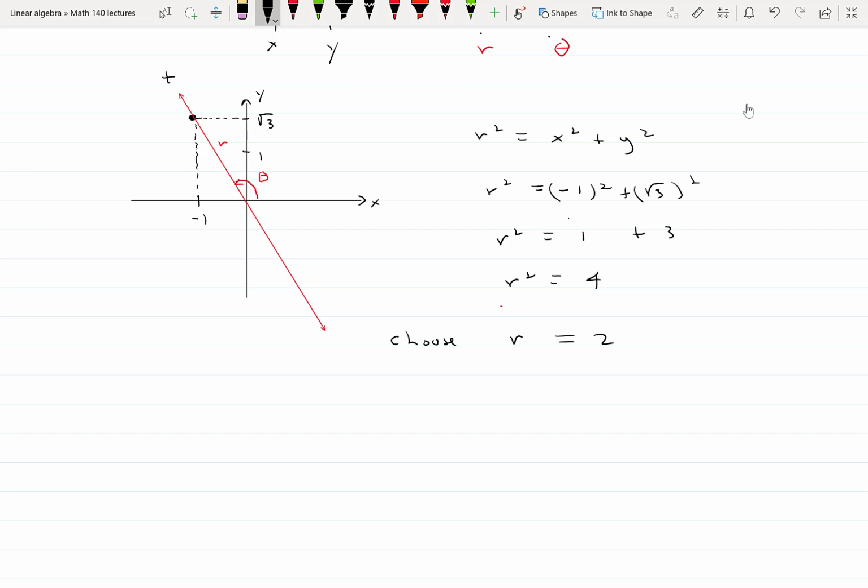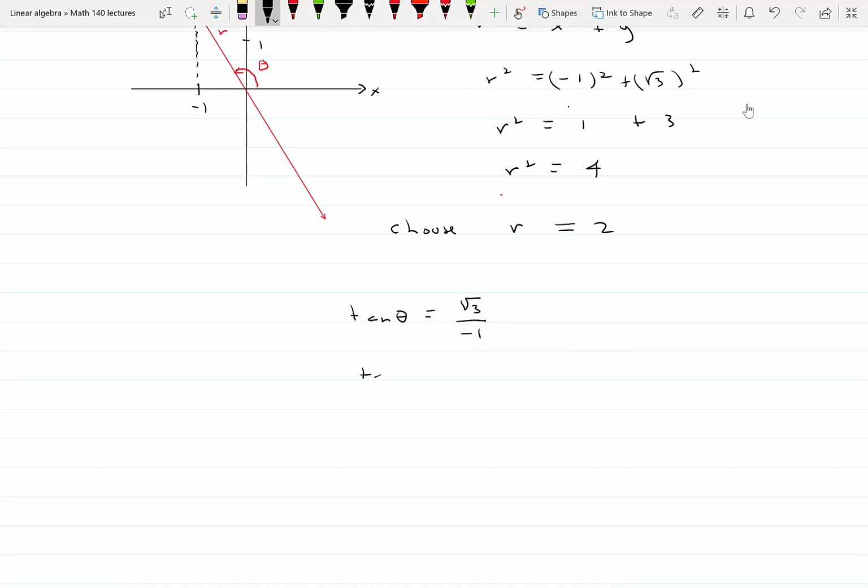So tangent of theta is the y coordinate, radical 3, over -1, or the tangent of theta equals negative radical 3. Your calculator won't help you with this. You might think all I have to do is take the inverse tangent and I get a value of theta. Yes, you'll get a value of theta, but the wrong value.